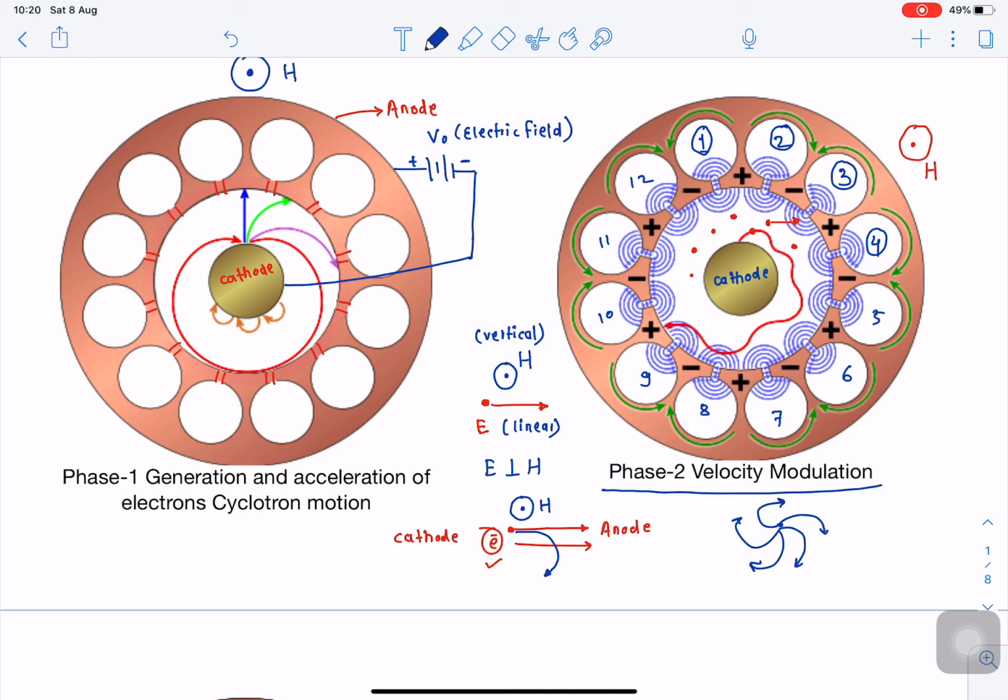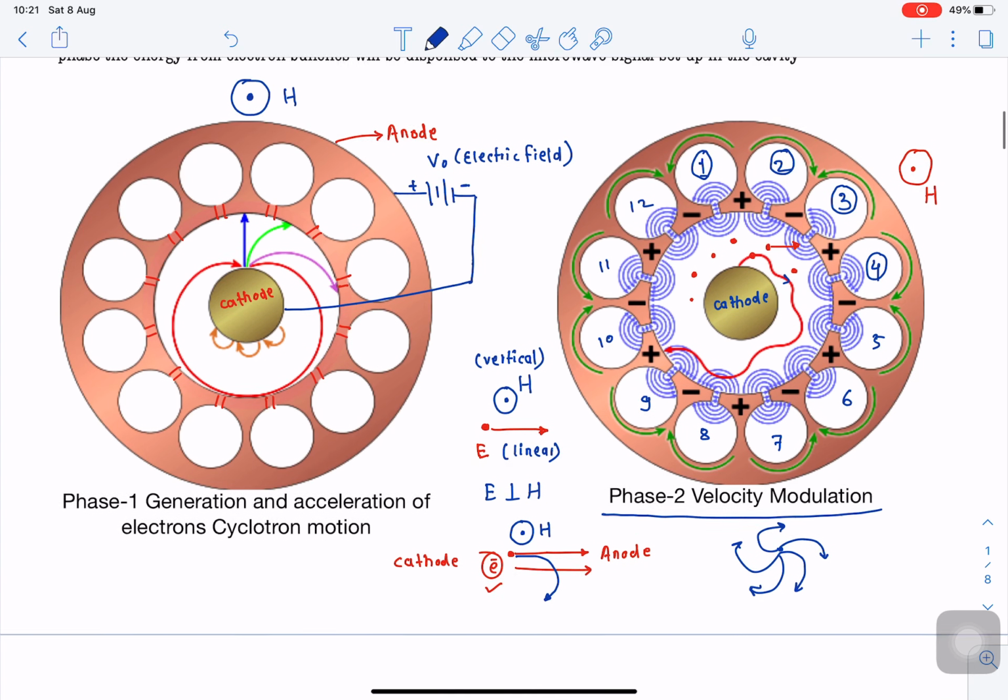The straight line path of the electrons will be bent by this perpendicularly oriented magnetic field and become a curved path, right? That's why, in the second stage, when the electrons are released, they never reach the anode, but start oscillating in the space between cathode and anode because of the perpendicular magnetic field.